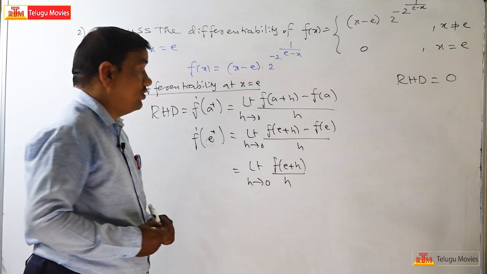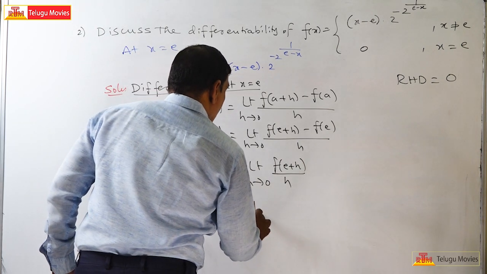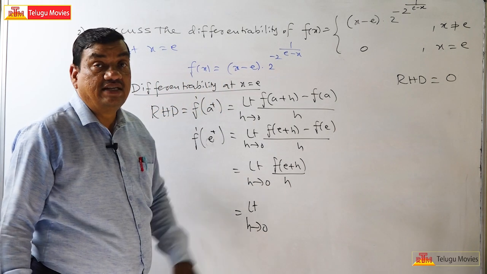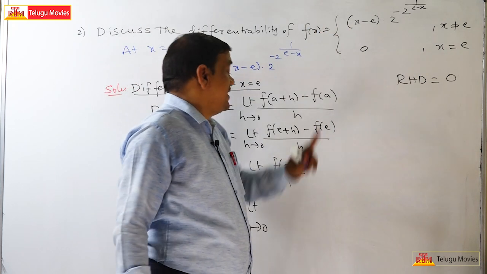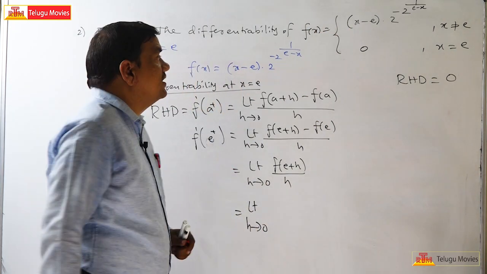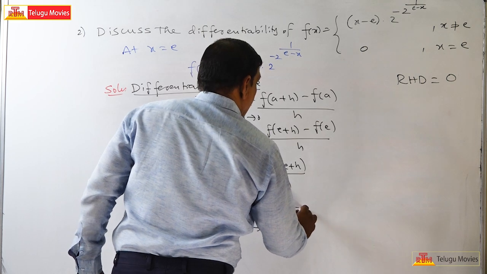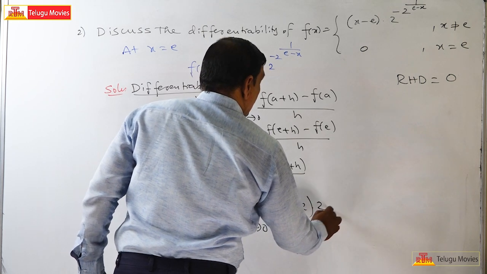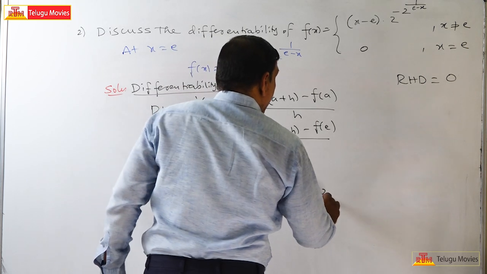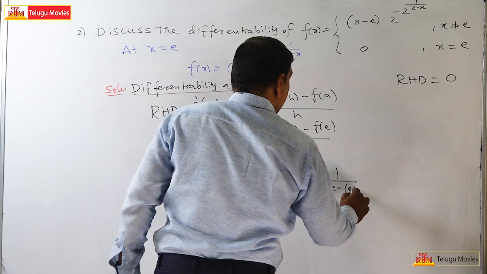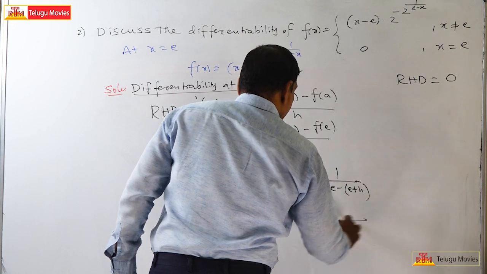So let us find out this value. This is equal to limit h tends to 0, f of e plus h means wherever x is there, substitute e plus h. Substitute here in place of x, (e plus h minus e) into 2 to the power of minus 2 to the power of 1 by (e minus x), x means e plus h, whole divided by h.